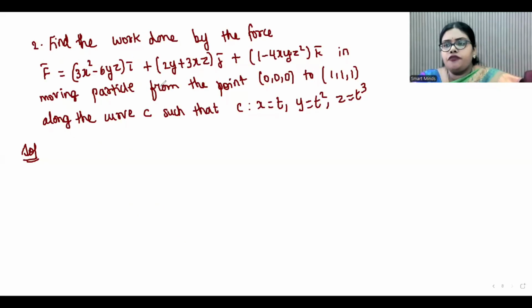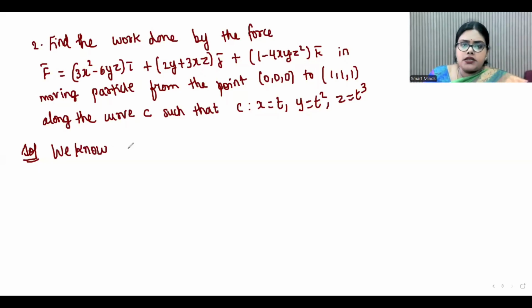Take the next question. Find the work done by the force F bar given to us in moving a particle from the point 0, 0, 0 to 1, 1, 1 along the curve C such that x is equal to t, y is equal to t square, z is equal to t cube. Now again we take r bar.